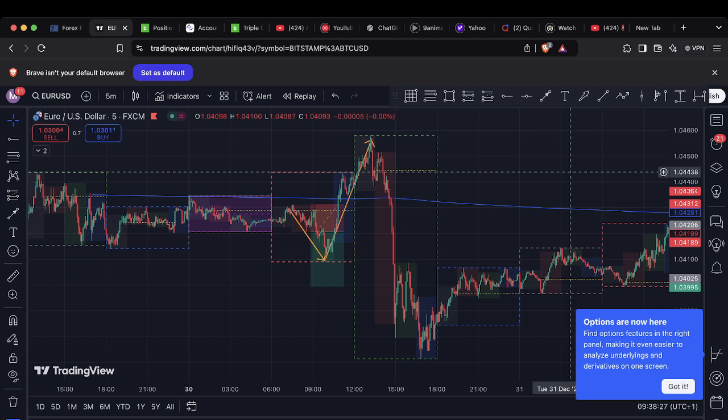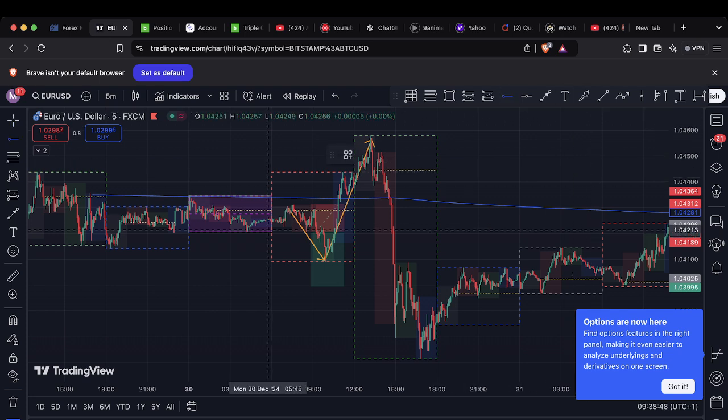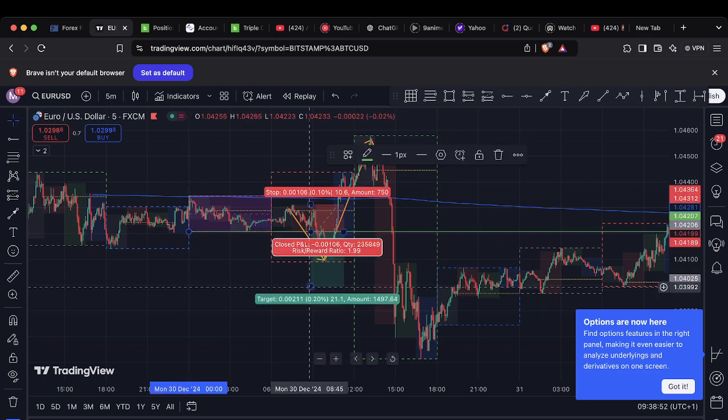And some will be asking, okay, if you understood this, why did you go ahead to short the market? Well, the reason why I shorted the market is because I was banking on the manipulation. For the fact that the market took the low of the accumulation first, it increases the chances.